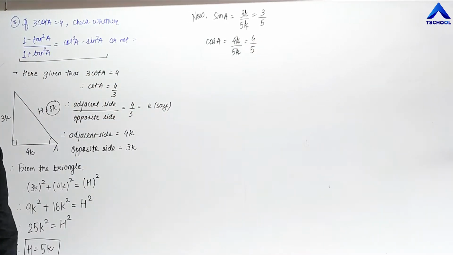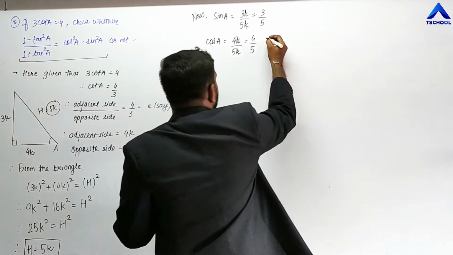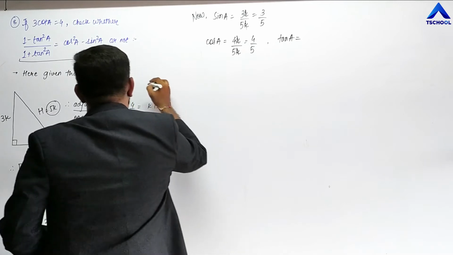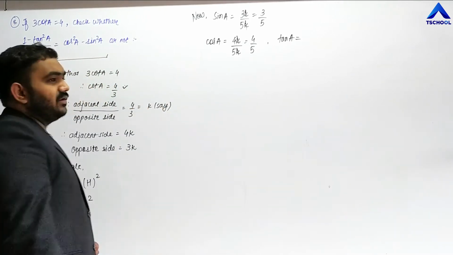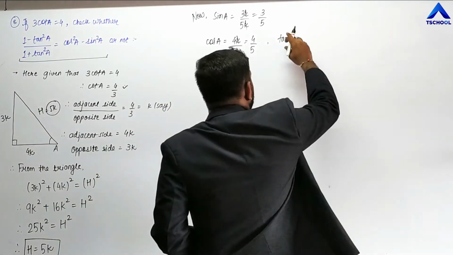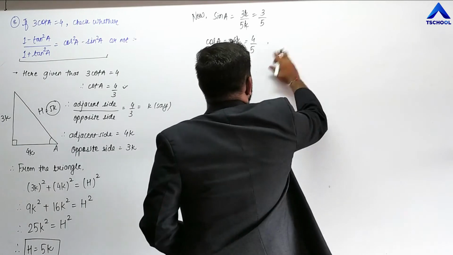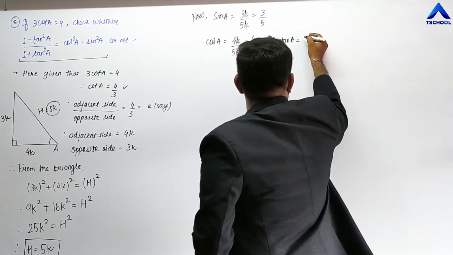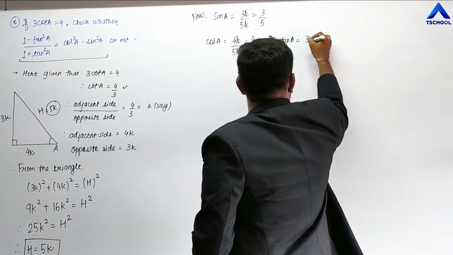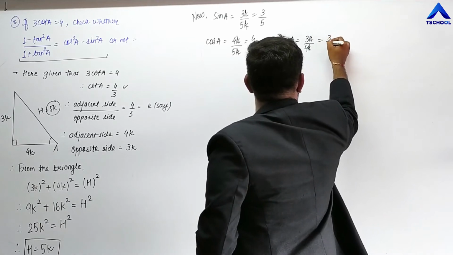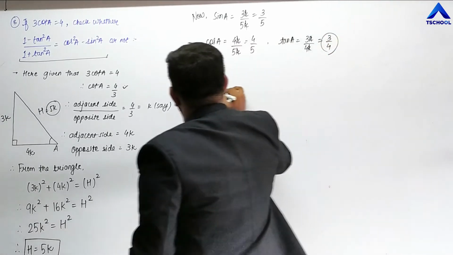So we got cos A is equal to 4 upon 5, and let us find out the third ratio, that is tan A. You can directly find tan A from here, that is exactly the reciprocal of cot A, right? Or if you don't want to find it like that, then you can find it like opposite side upon adjacent side, k and k are cancelled, that is 3 upon 4.